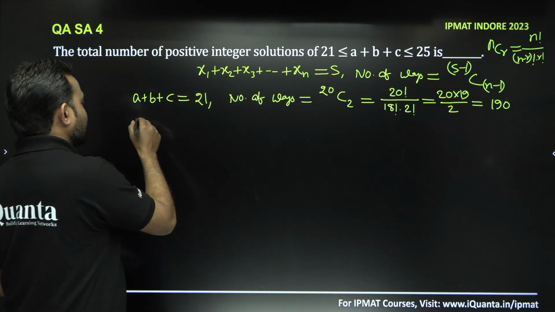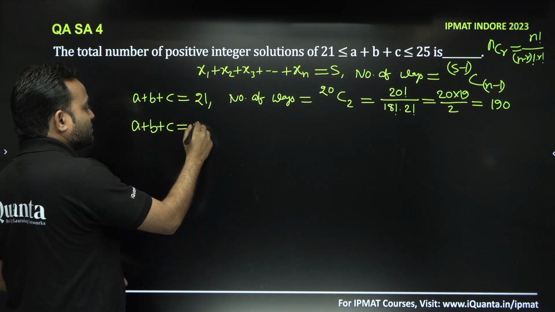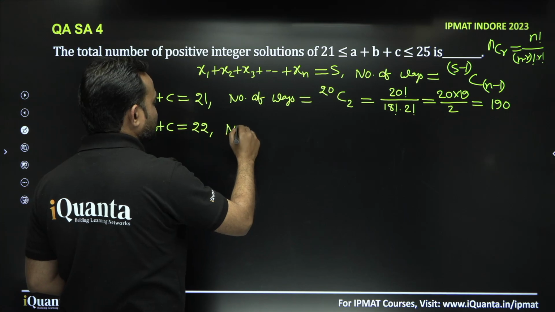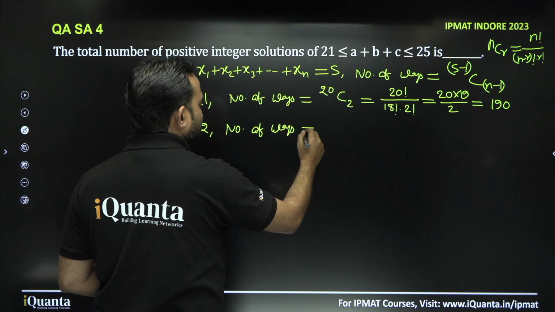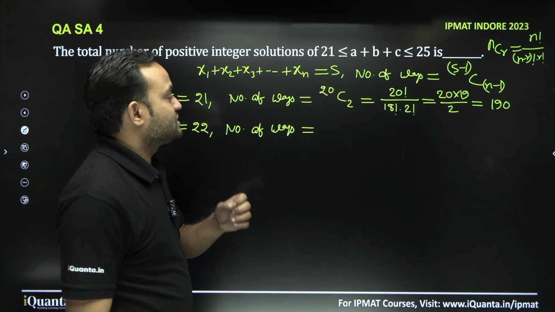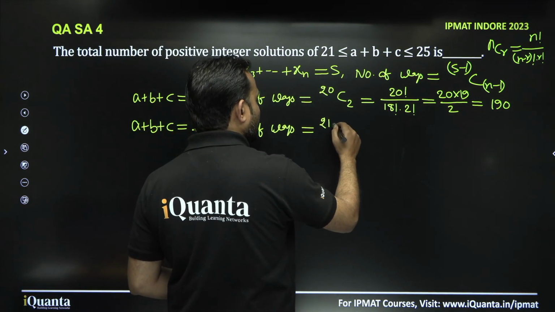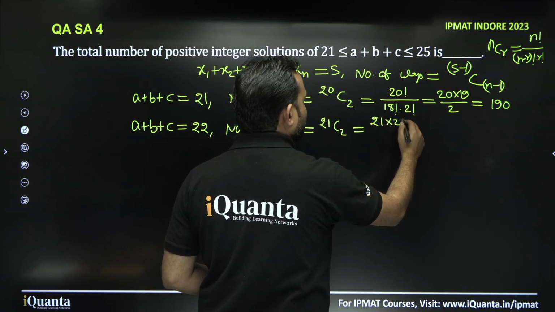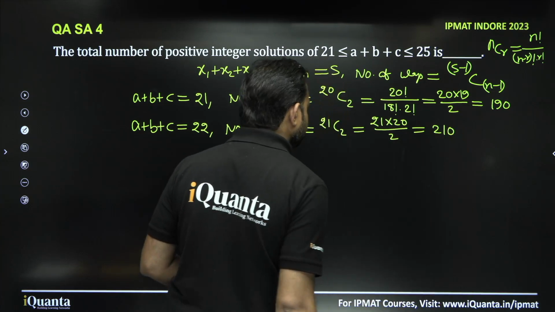Now second case, when we have a plus b plus c is equal to 22. In that case, what will be the number of ways, where a, b, c are positive integers? So 22 minus 1, it will be 21 c2, which is equal to 21 into 20 divided by 2, which is equal to 210.